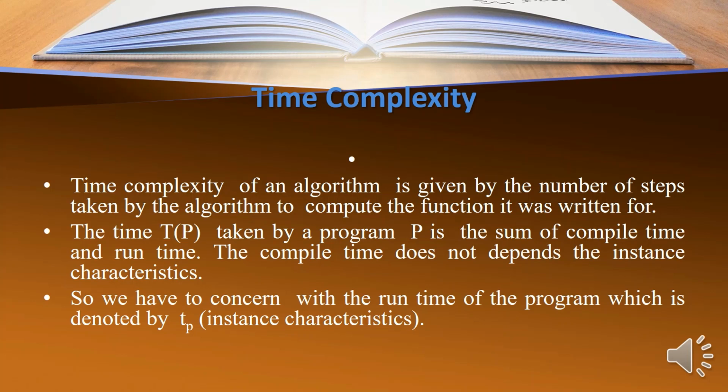As I told, T of P is nothing but the sum of compile time plus runtime, and we have to be more concerned with the runtime of the program. How to calculate this runtime of the program, that is more important.